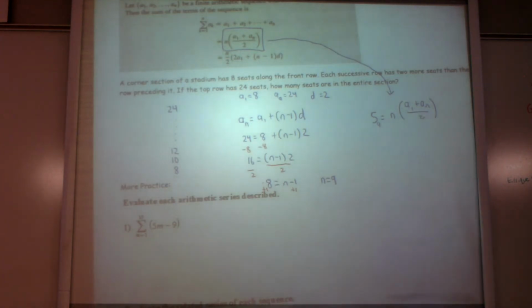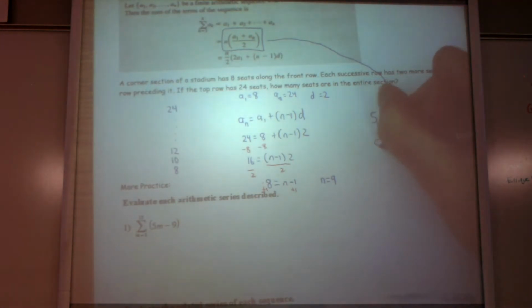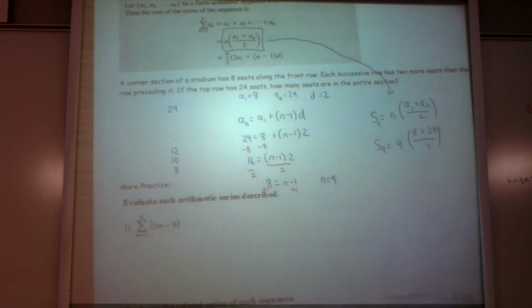Kind of average it out and then just times by how many rows there are. So I'm going to do S sub 9 is equal to, we said there was 9 rows. First row had 8. The last row had 24. And then we're just going to divide that by 2.